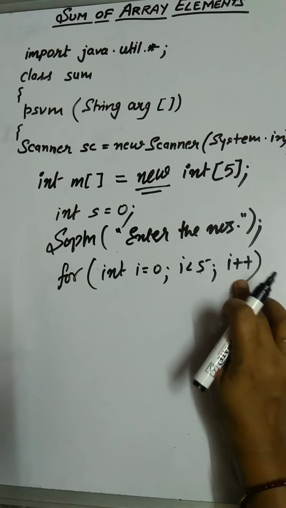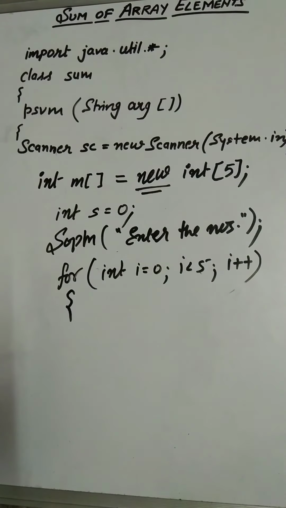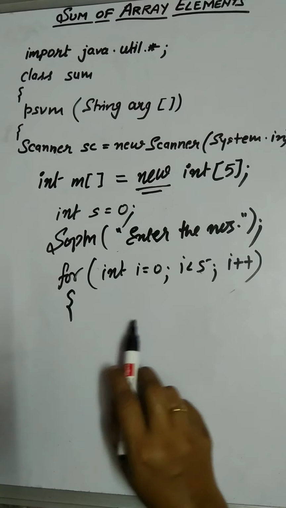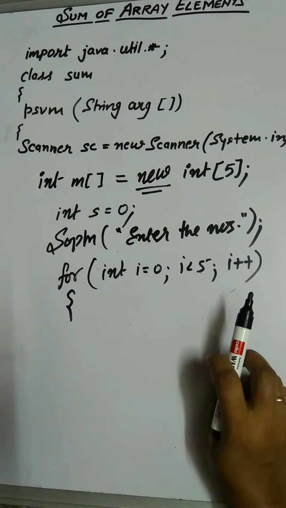Clear? After this, suppose you have to take a simple number, without using an array. What do you write here? You write n = sc.nextInt().